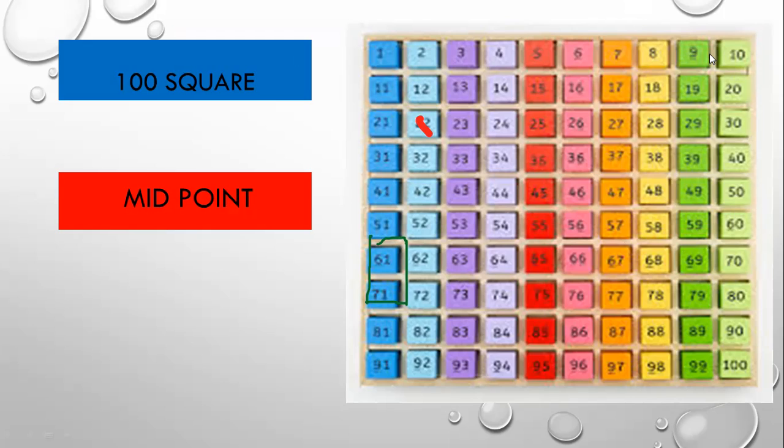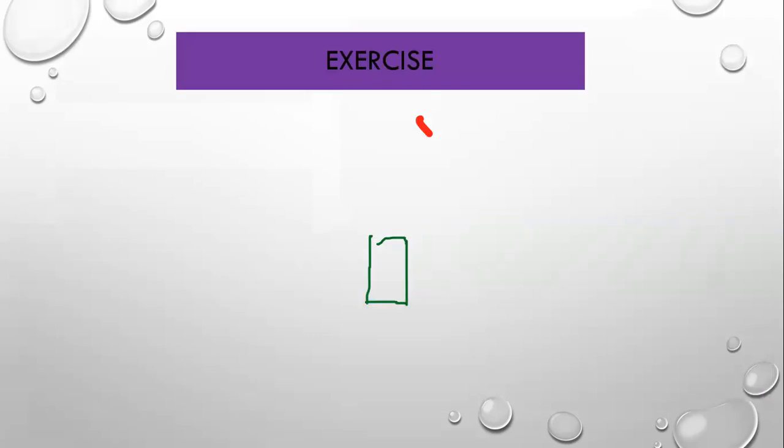The red boxes in this table are all midpoints: 5, 15, 25, 35, 45, 55. They are the midpoint of each row. So you have to find the number that is exactly in the middle, the middle number. So let's do some exercises.